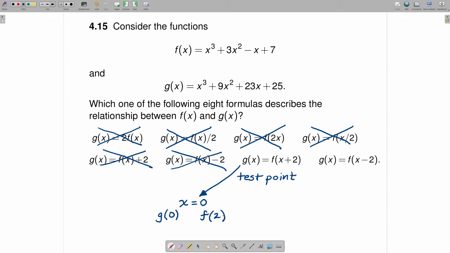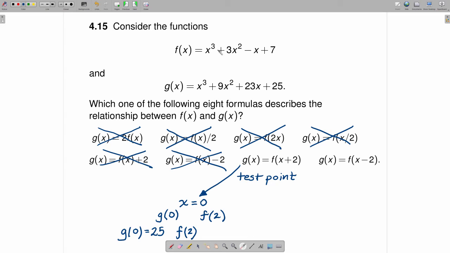Now, if those two are the same, then there's a good chance, not a guarantee, but a good chance this is the right relationship. So first of all, g of 0. I chose 0 because it's easy. When you plug in a g of 0 here, you get just 25. So g of 0 is 25.